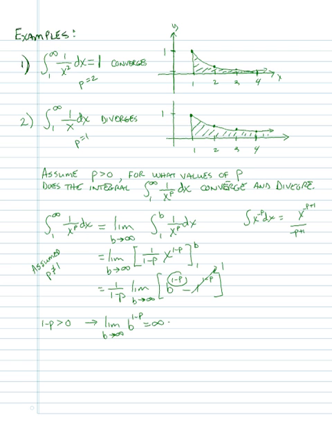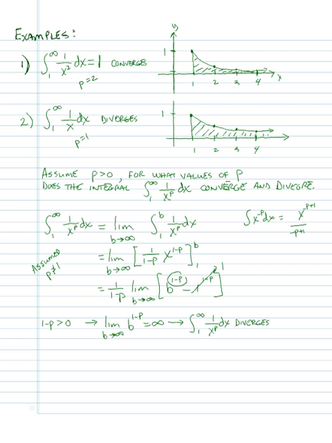So that would mean, in this case, that the integral from 1 to infinity of 1 over x to the p power with respect to x diverges. It diverges.